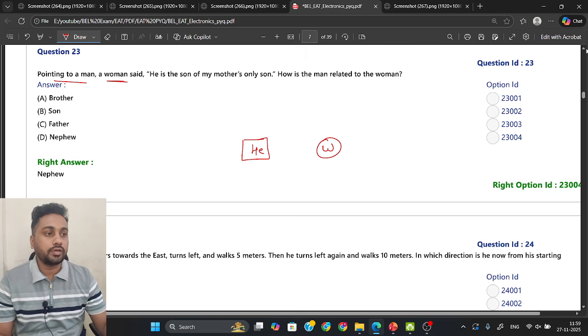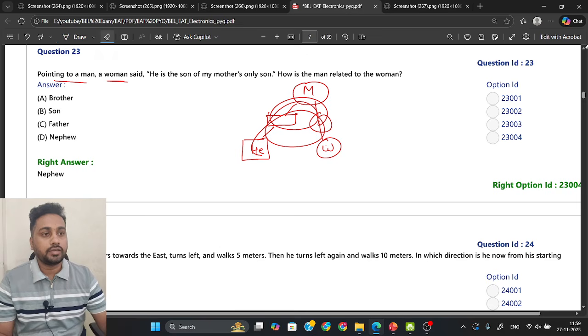Okay, so his mother is there somewhere. His mother has one son, and he is the son of that single son. Okay, so you can say this woman is related to him how? This woman will come on this side again.